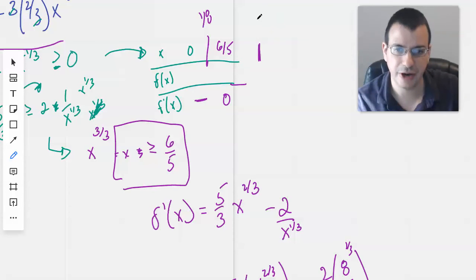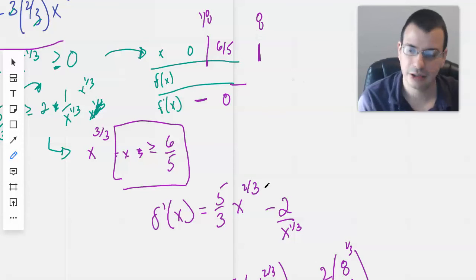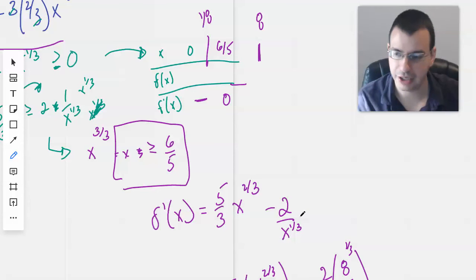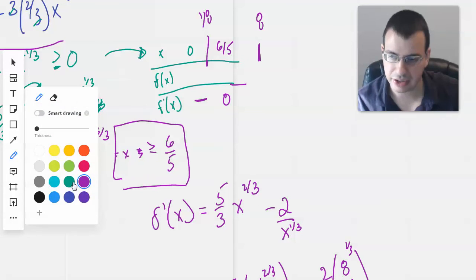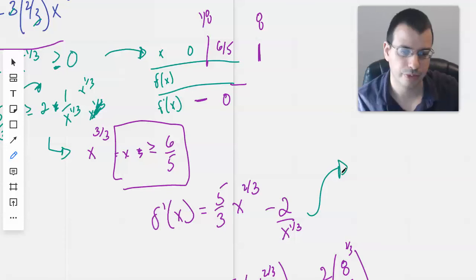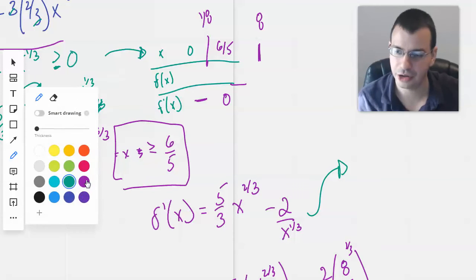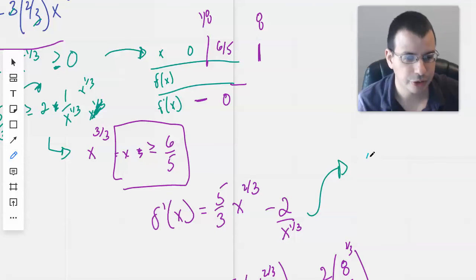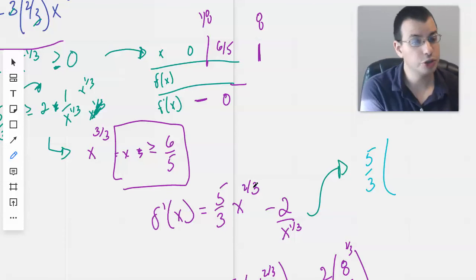Then I'll choose another number up here. I'll say 8, because we've already proven to ourselves that we can take the cube root of 8. Oh, I'll use a different color than green. Purple? Nope, already used purple. Light blue it is. So we have 5/3 times 8 to the 2/3 power.